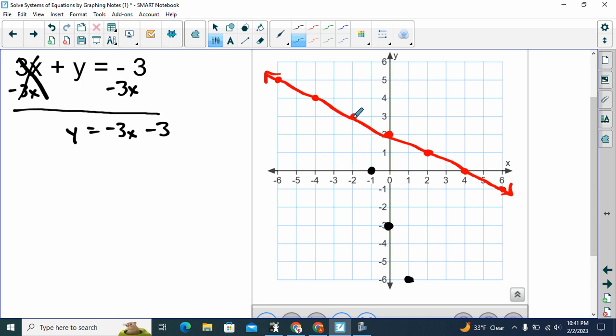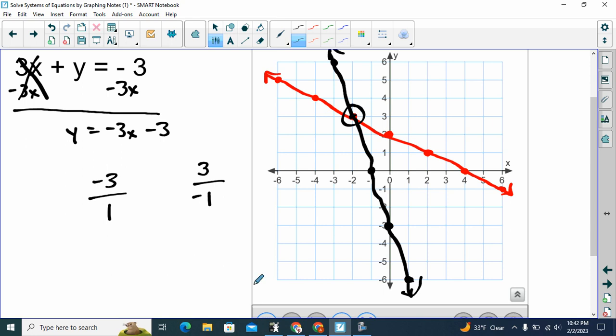Notice down 3, right 1 is negative 3. Up 3, left 1, positive divided by negative, is also negative 3. And we have our intersection point right here. It is at negative 2, 3.